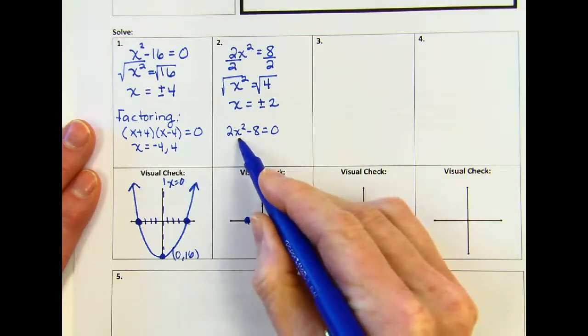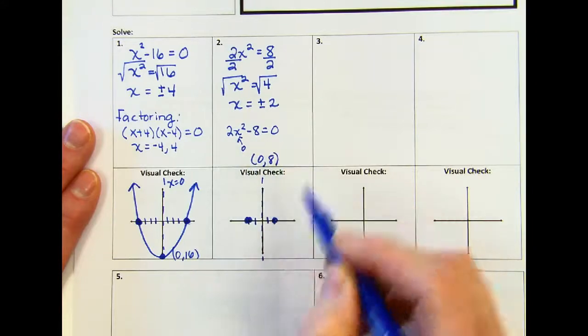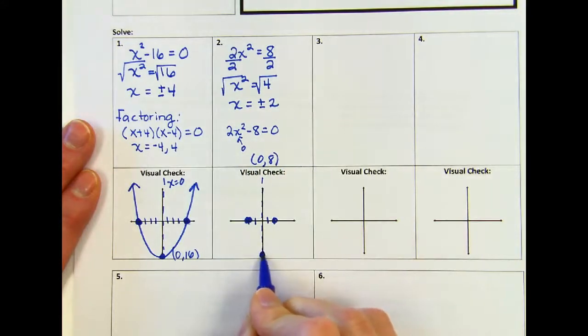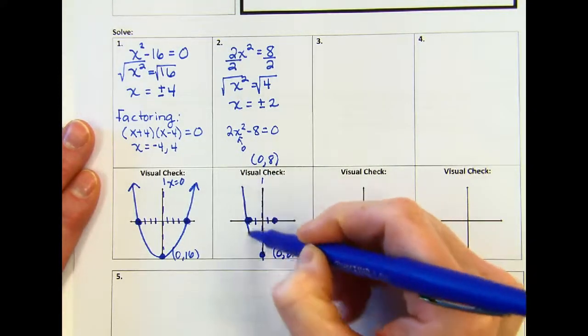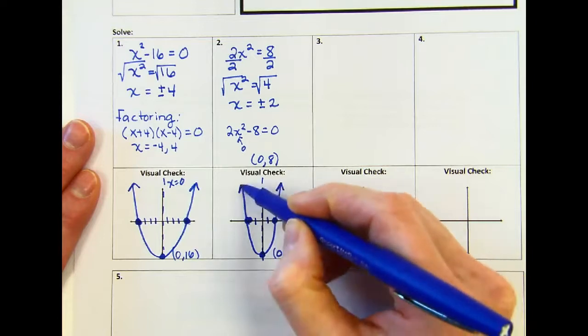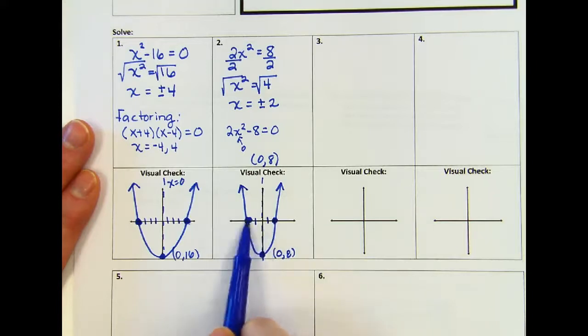If we plugged 0 back in, we would get (0, 8) for the vertex, so we'll say that's down here. It is a parabola that opens up, so that would be the visual check again. So do not forget that you're going to have two answers.